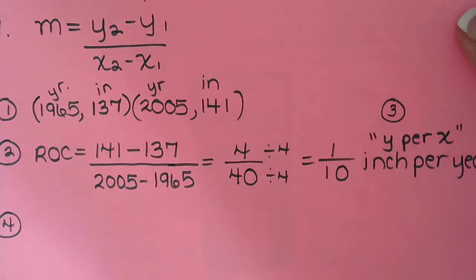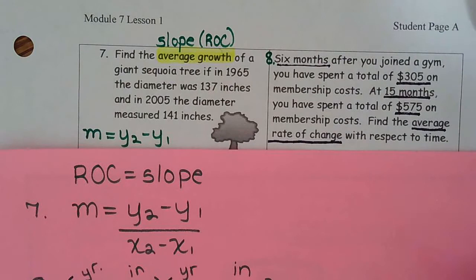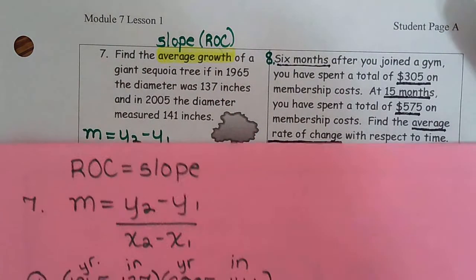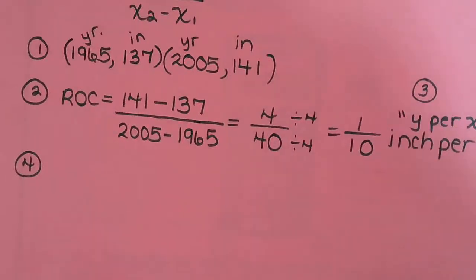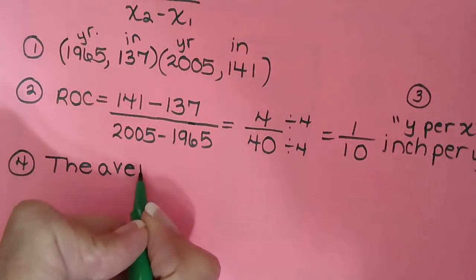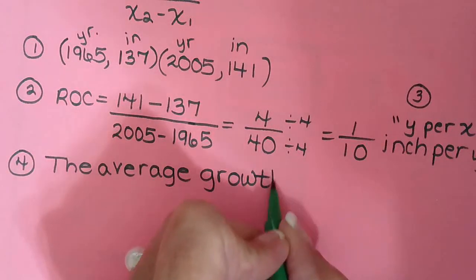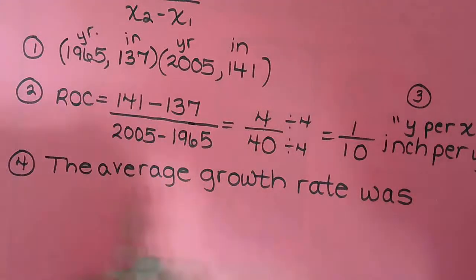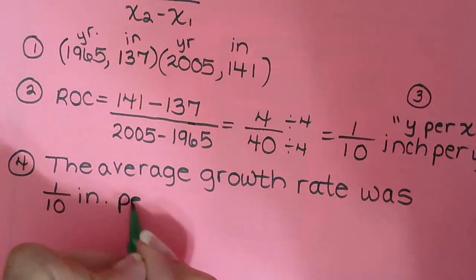And then I would like you to write a sentence. So this is when it's helpful to come back and look at this. Find the average growth of a sequoia tree, because usually we try to use some of those words when we write our sentence. So we could say the average growth rate was, and then we put our answer in, 1/10 of an inch per year.